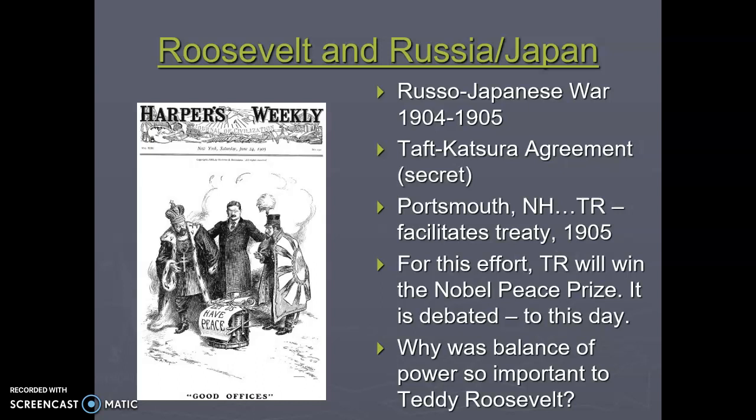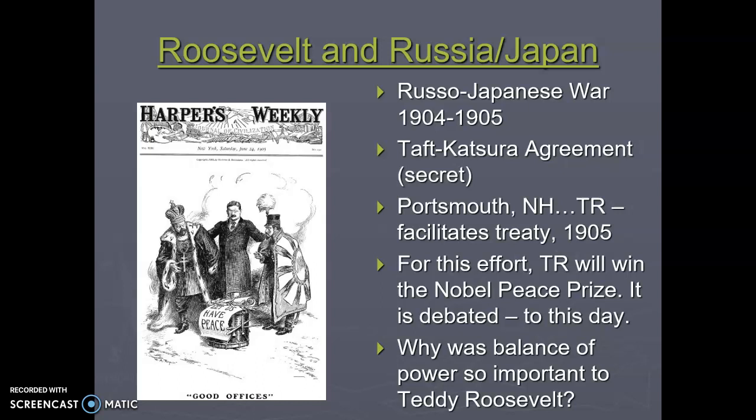And this starts out with the Secretary of War, William Howard Taft, who later becomes president after Roosevelt. But for a while, he works with Roosevelt and his administration. And Taft meets up with the Prime Minister of Japan, Katsura Taro, and they secretly meet and decide, basically, that the United States will hold on to the Philippines and Japan will not access that territory.